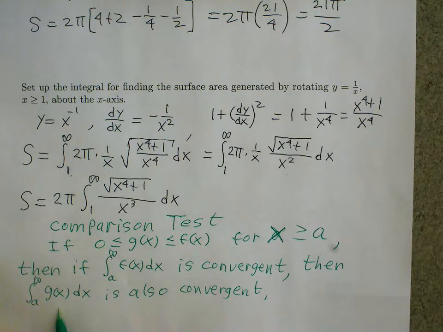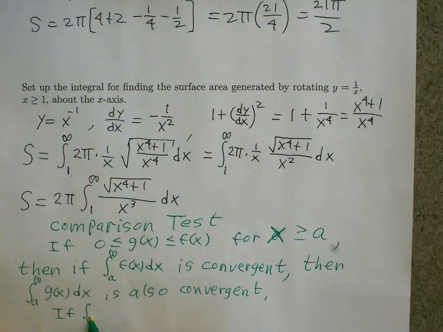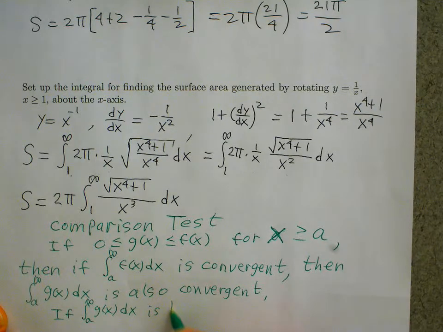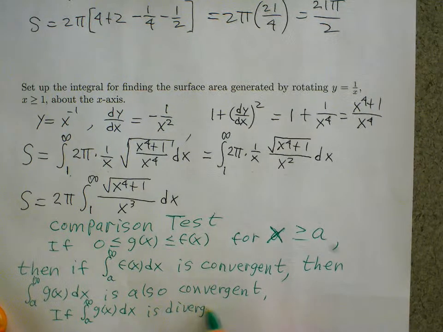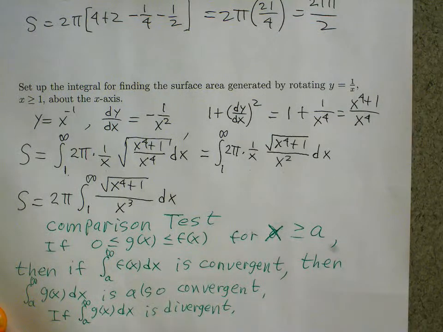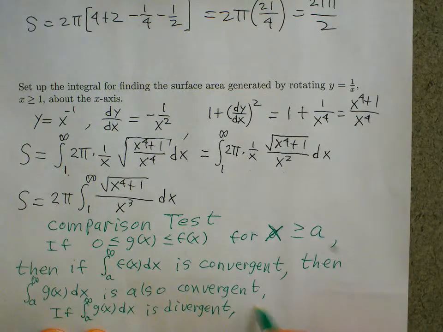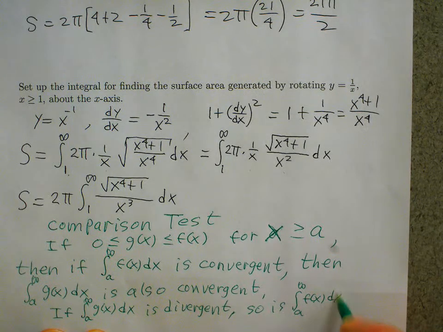If the improper integral of g of x from a to infinity is divergent, then so is the improper integral from a to infinity of f of x. That is also divergent, right?